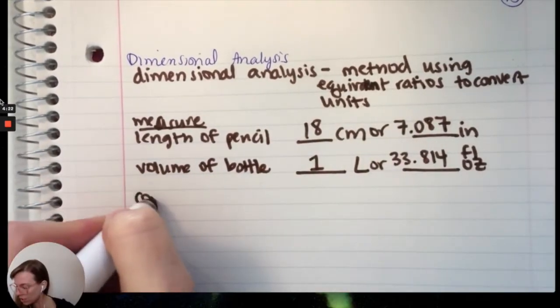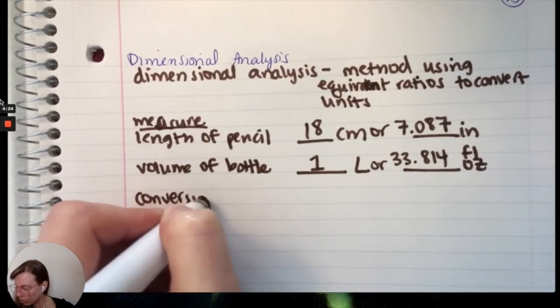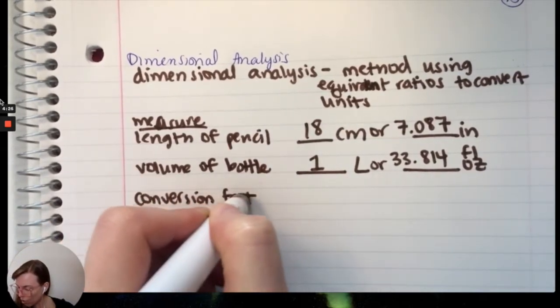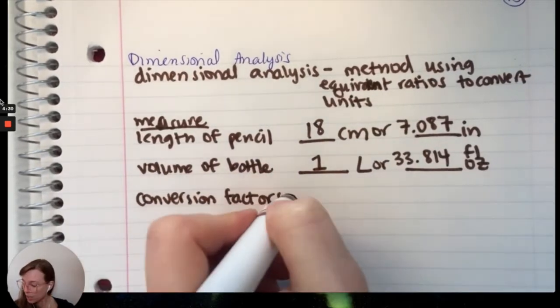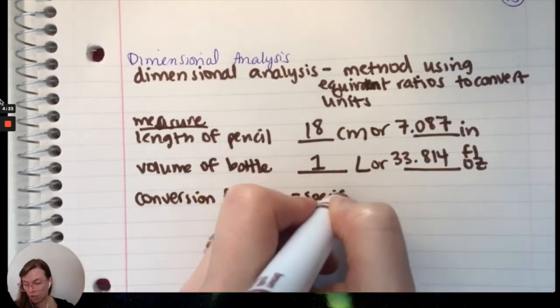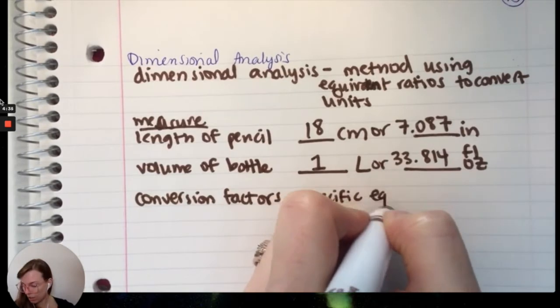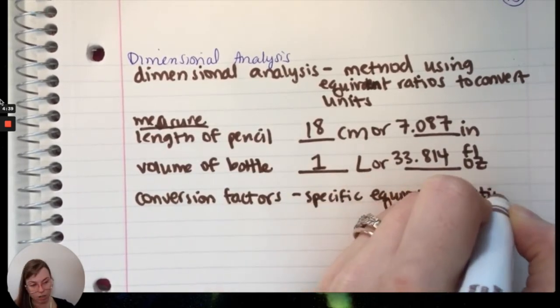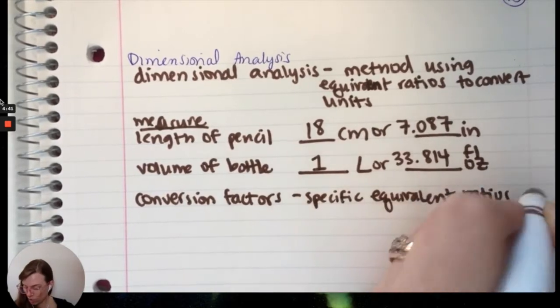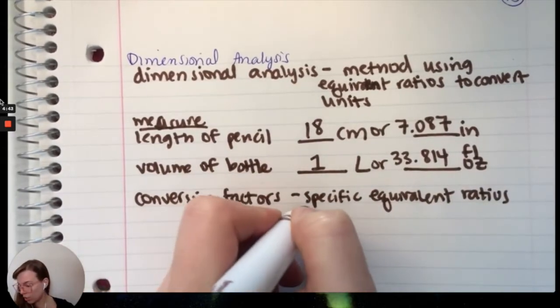But let's define those. Conversion factors. And we're going to write a whole bunch of these. So these are specific equivalent ratios with units.